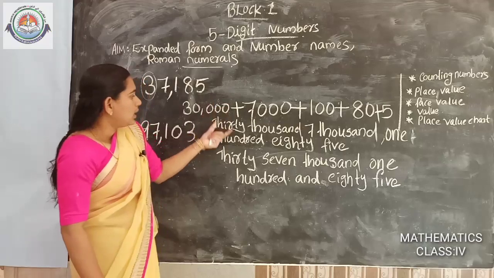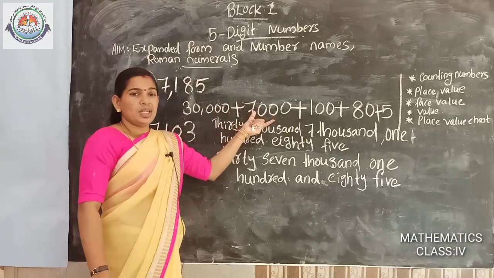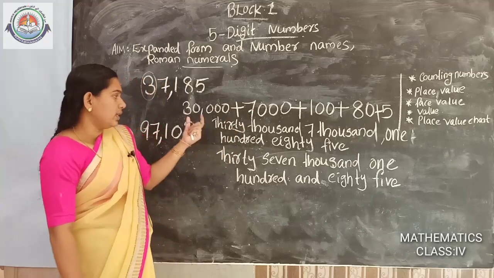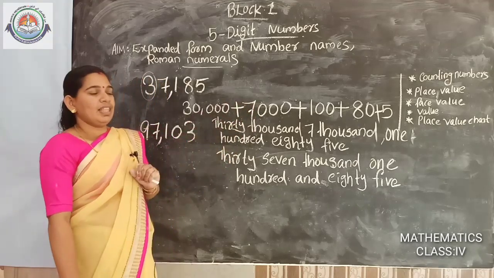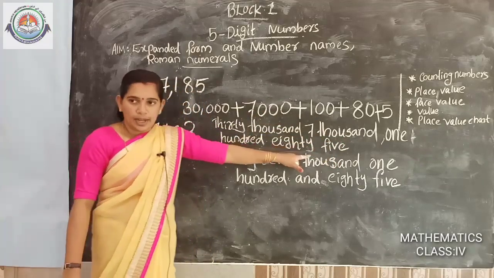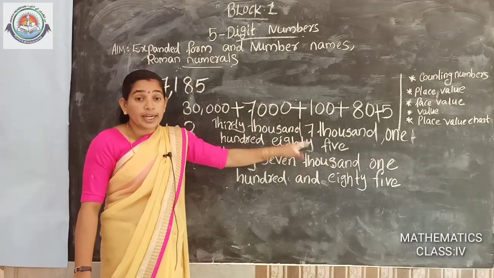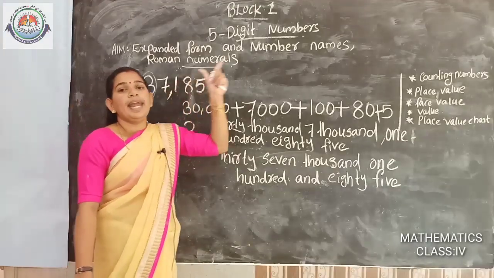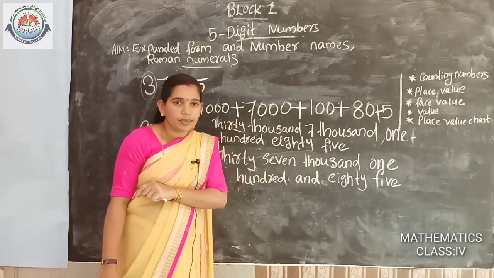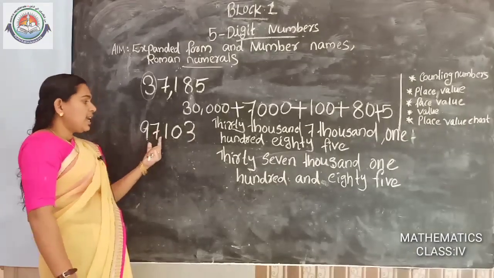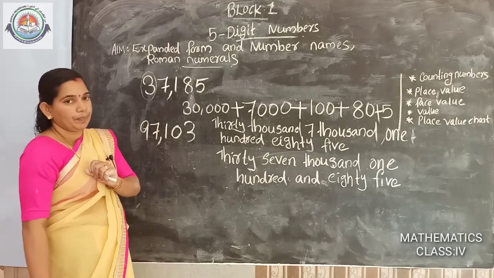So 30,000 and 7,000 are both thousands, so we write them together: 30 plus 7, 37,000, 185. So how do we read this number? 37,185.